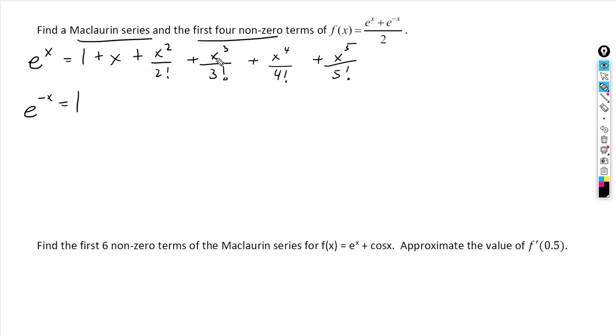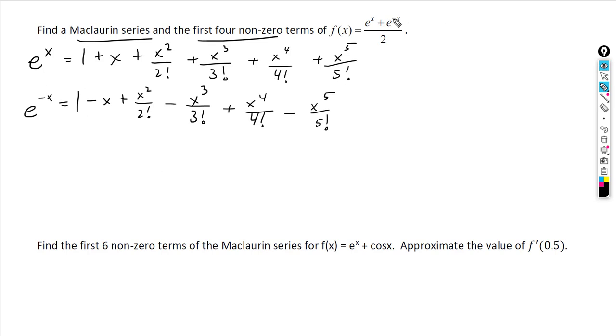But negative x to the third power becomes negative. So this is 1 minus x plus x squared over 2 factorial minus x to the 3 over 3 factorial plus x to the 4 over 4 factorial minus x to the 5th over 5 factorial. And now you can see that some things are probably going to cancel, right?